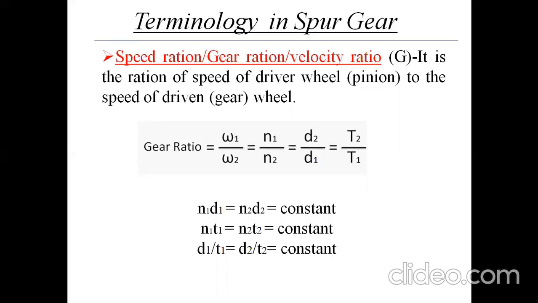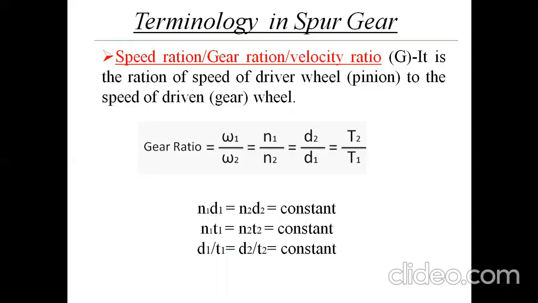n1 is the revolutions per minute for the pinion divided by the revolutions per minute for the gear wheel. It is again denoted in terms of the diameter of the wheel, which is d2, the diameter of the gear, to d1, the diameter of the pinion, which is the reciprocal of the speed values of driver to driven.